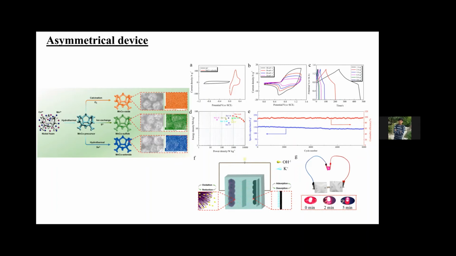I didn't discuss the Coulombic efficiency, but roughly I can say Coulombic efficiency means we check how much time it will take to charge and how much time it will take to discharge. Based on that ratio, we calculate the Coulombic efficiency.